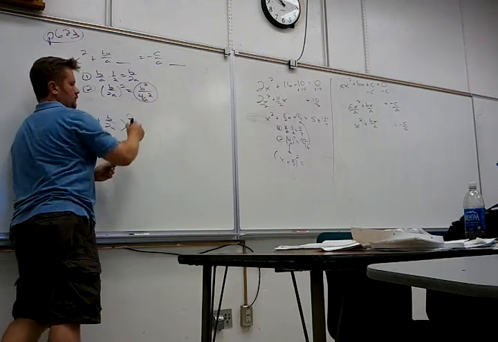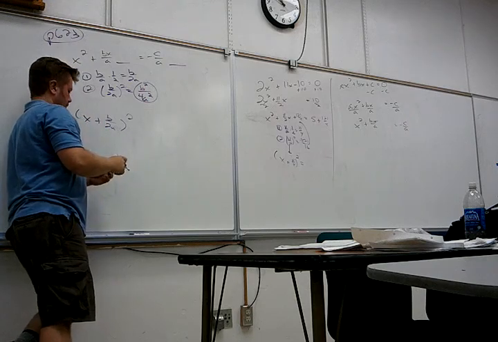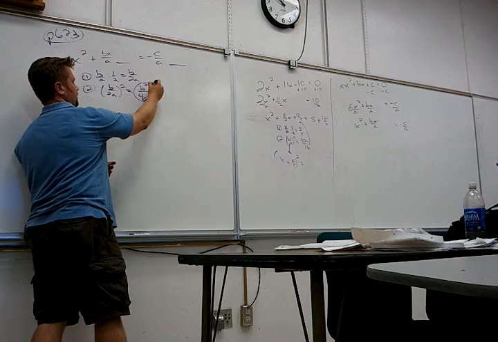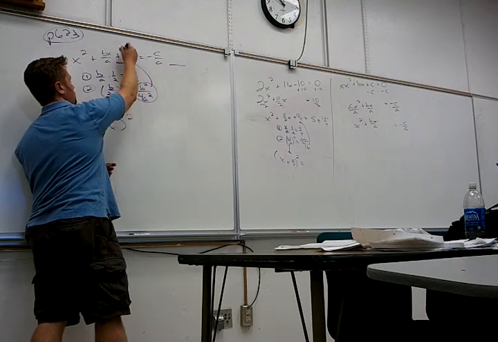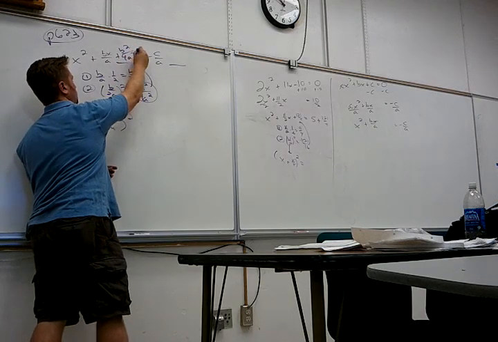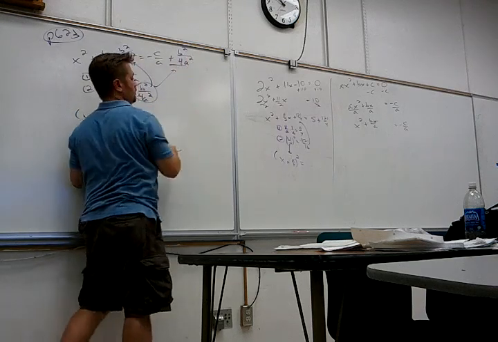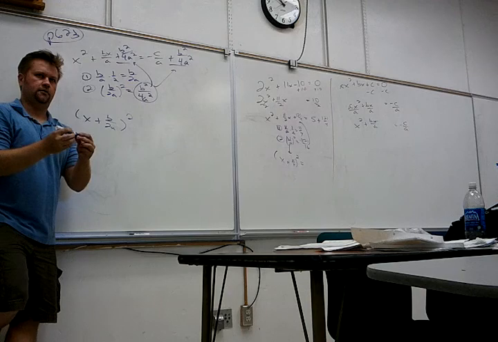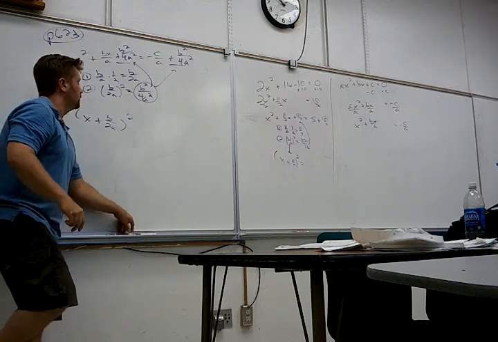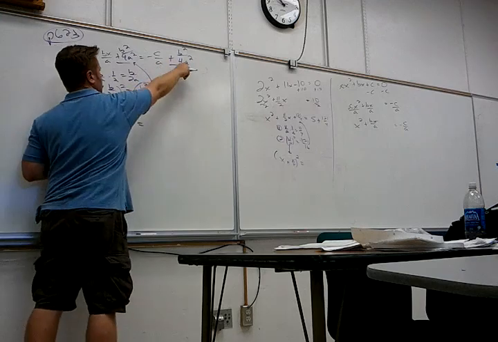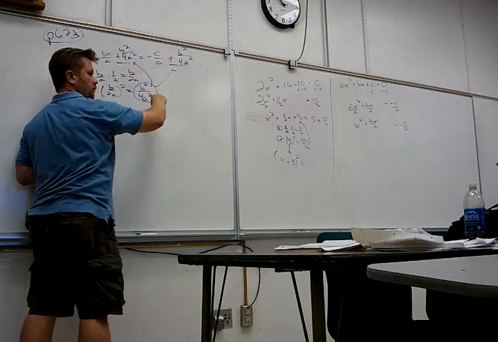So what do I do with this? Put it there. And if I put it there, I better put it there. Stay with me now. Now, what can I do on this side? How can I put those together?